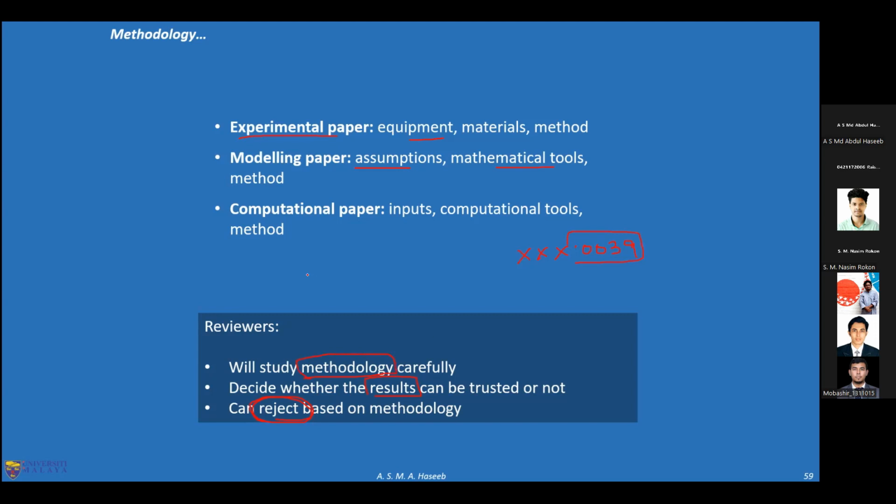If he's an expert, I think he will be able to find out that the methodology that you used can give an experimental accuracy of just 2 figures after the decimal. Now, if your claim is this, and if he finds out that this is the actual situation, then he may reject your paper. So please pay particular attention and be careful about what methods you are using, what equipment you are using. Know your equipment in detail.